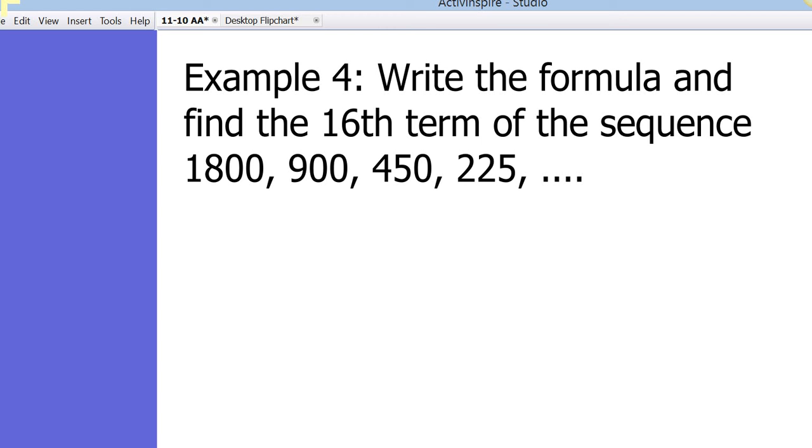Okay, this is my formula, now let's plug in 16, a sub 16, my brain's going mush, times 0.5 to the, what should I write up here, 16 minus 1 or just 15? Just 15, yeah. Alright, so go ahead and calculate it the same way you calculated the last one.